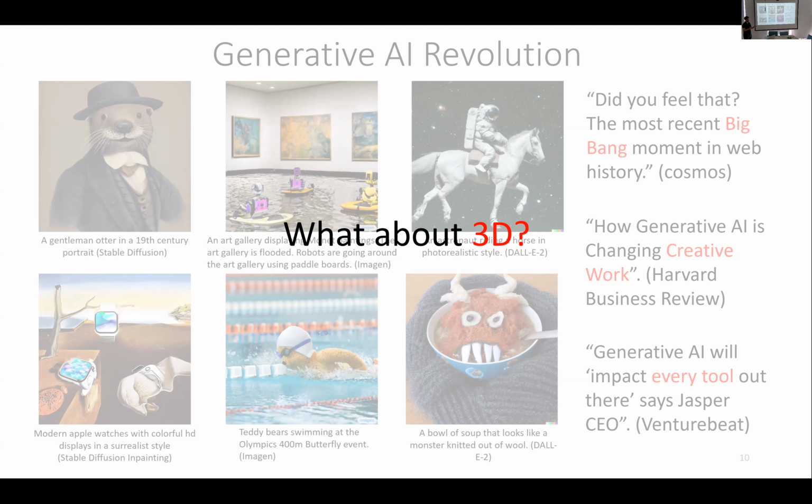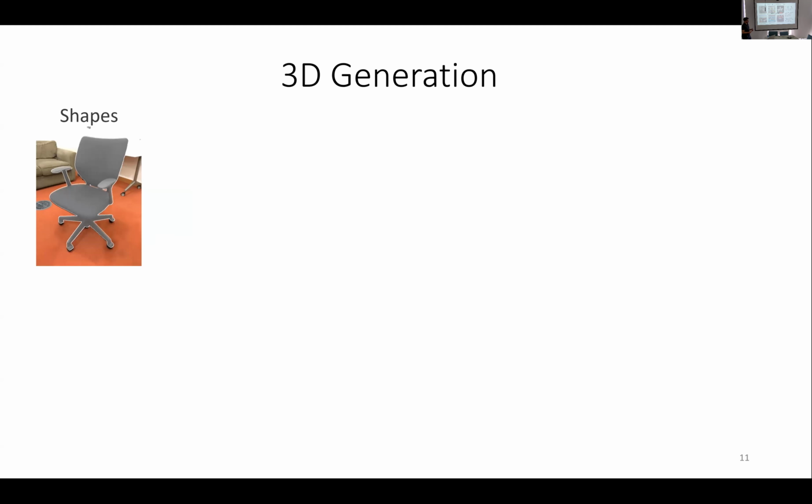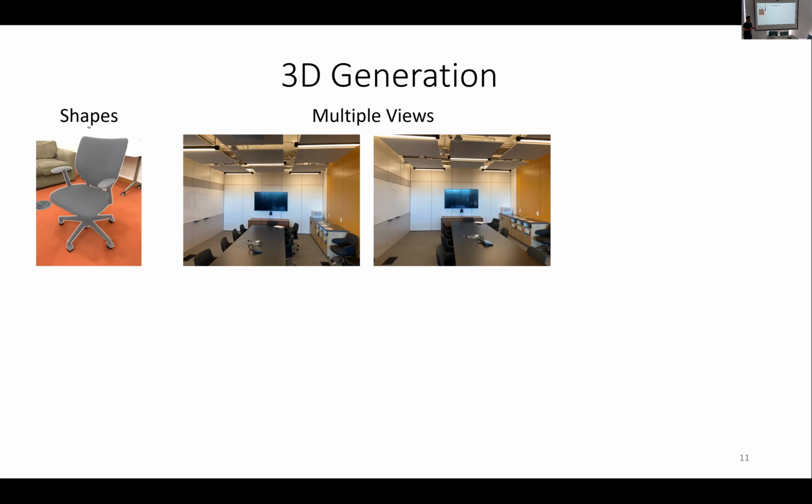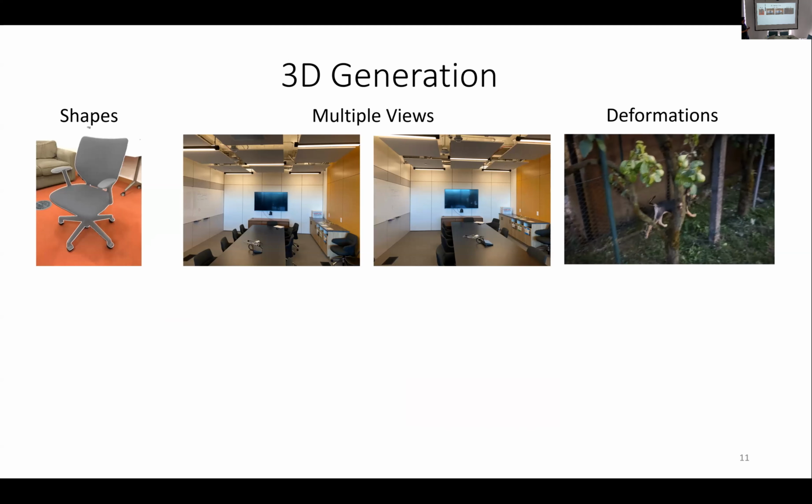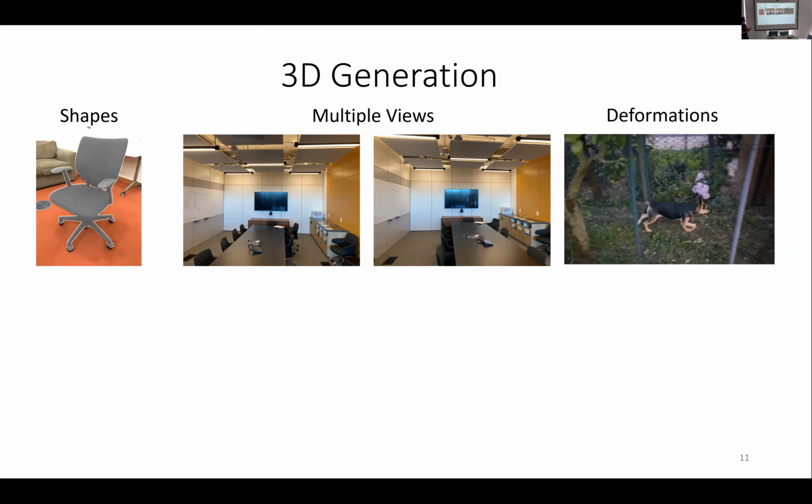Okay, and so what do I mean by generation in 3D? In 3D, we are interested in generating, for example, different shapes, such as this shape of a chair. We might be interested in generating multiple views of a scene, so if I give one view, I want to generate another view of that scene. I want to also be able to generate a deformable object.